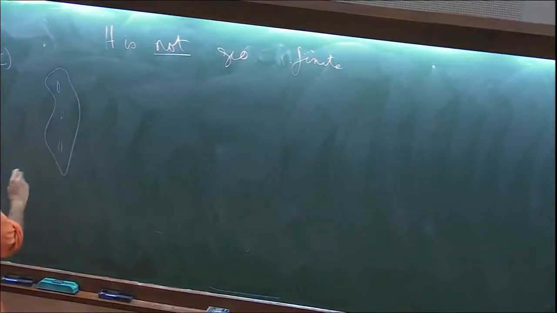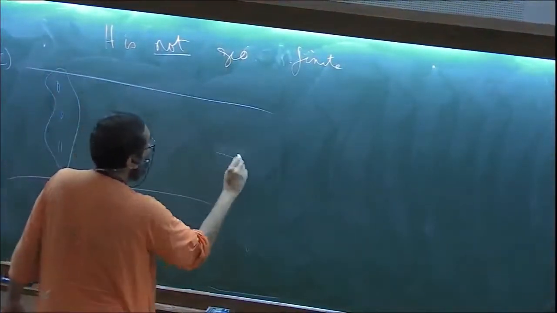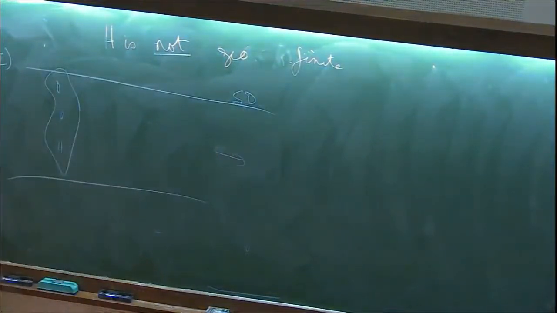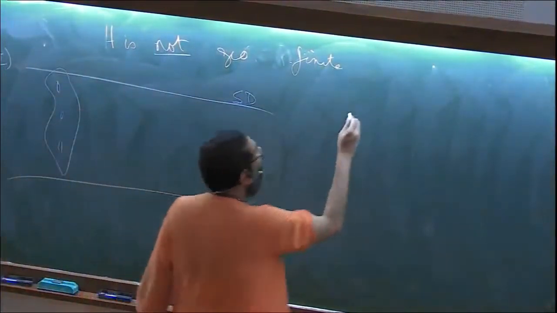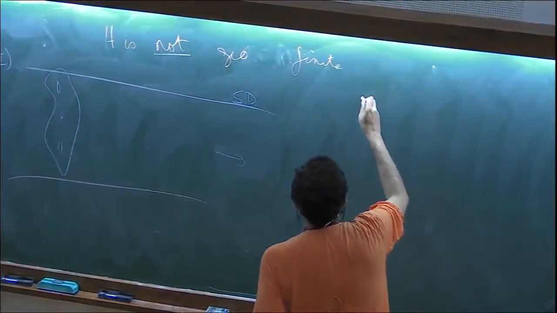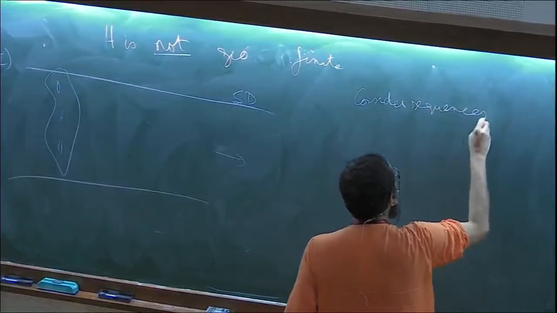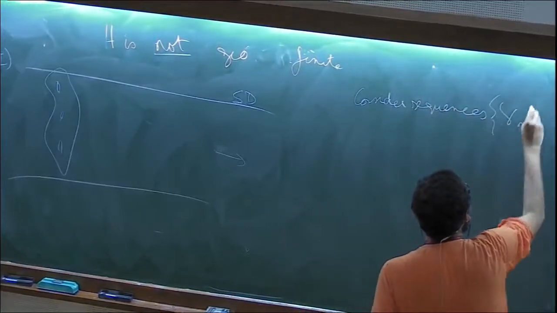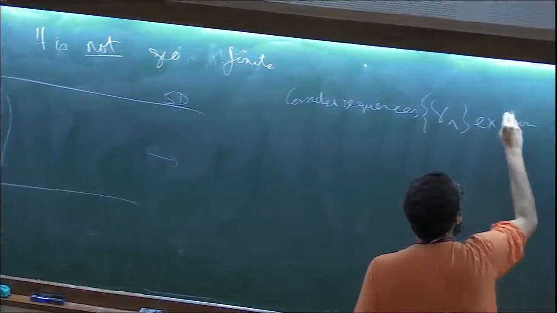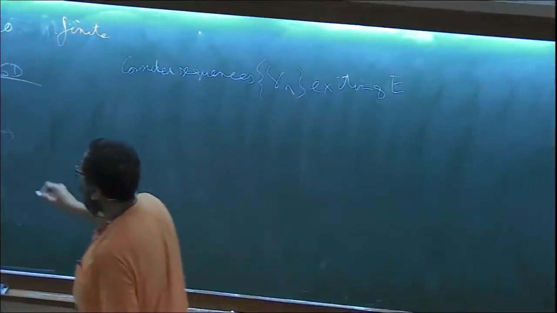Okay, so again, suppose you have this simply degenerate end. What do you do? Consider sequences gamma n exiting E. So this is my end E, and you have these closed geodesics which exit the end. Now these are geodesic realizations inside the three-manifold.